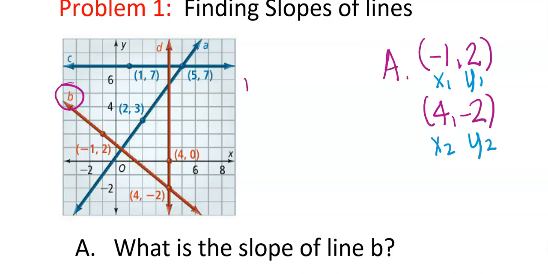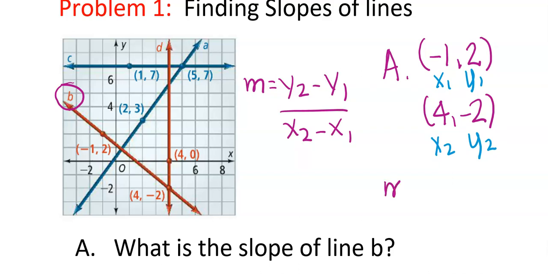So again, here's the formula. I'm going to subtract the first one from the second one. So here's my slope. y2 is negative 2. I'm going to subtract y1, which is 2.